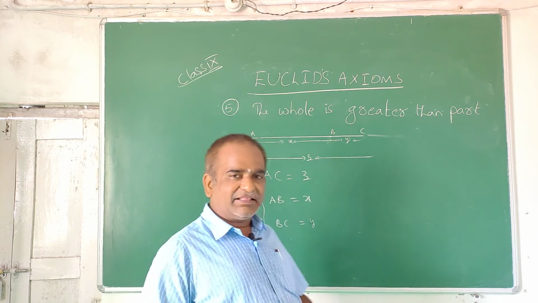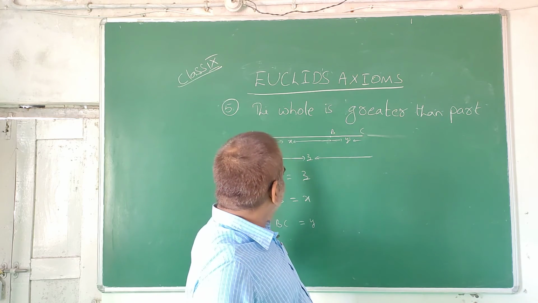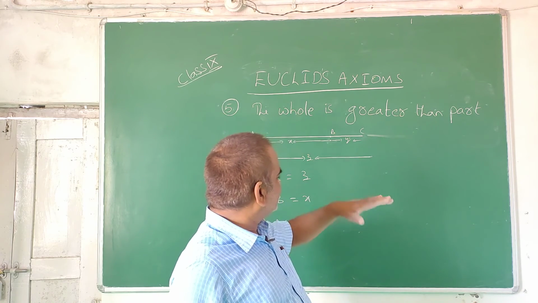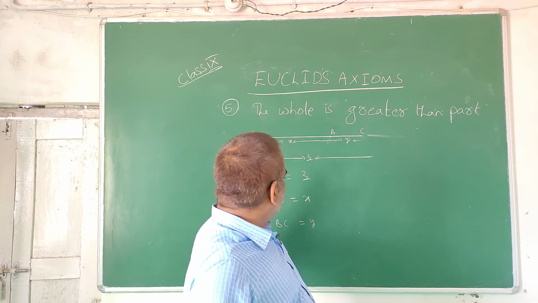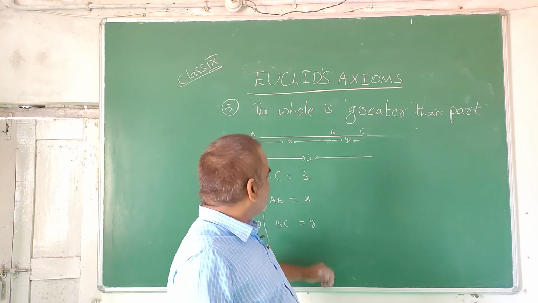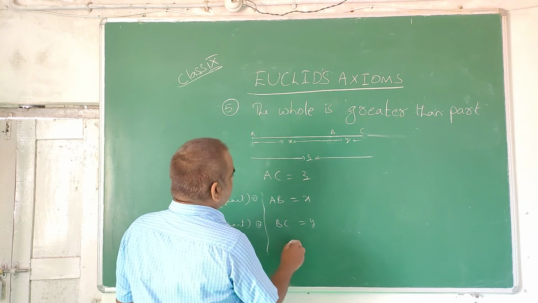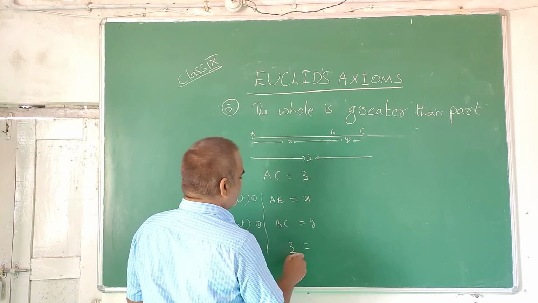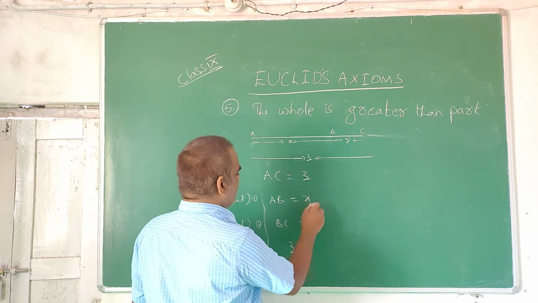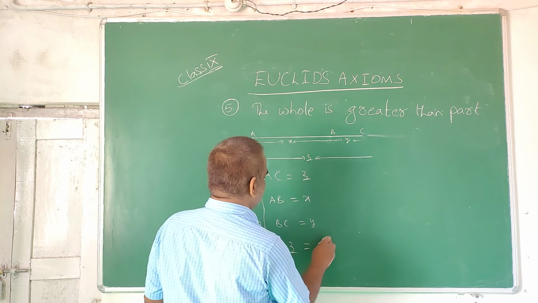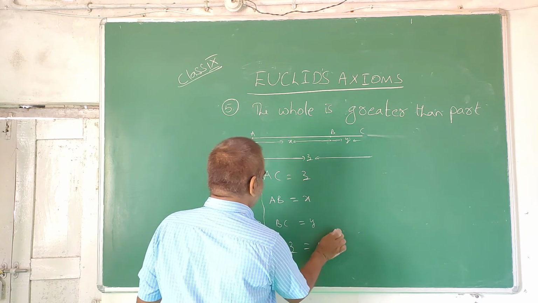So the line segment AC has two parts in it: one is AB and another is BC. AB is of length X, BC of length Y. So obviously our Z, the whole, is equal to X plus Y, the sum of the parts. Whole is the sum of the parts.